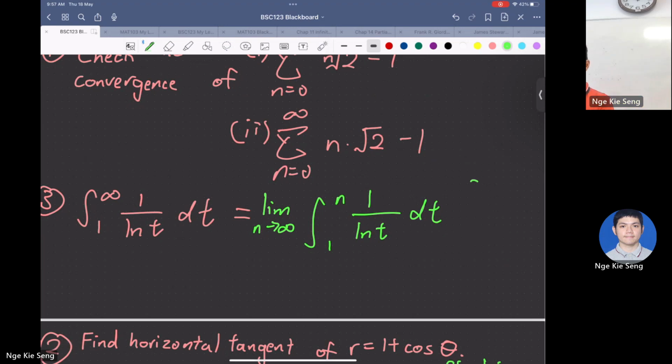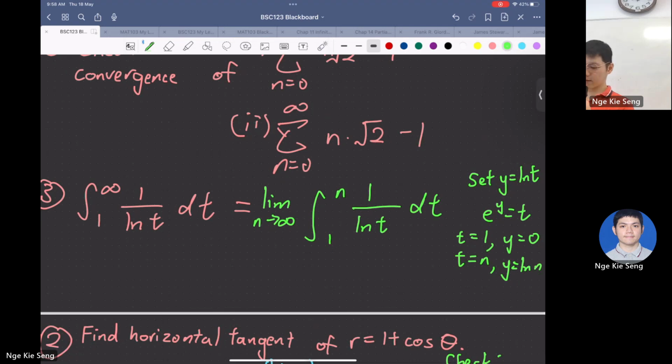Set y equals to ln t. I think this is what I did. And then e to the y is equal to t. So when t equals 1, y equals 0, and when t equals n, y is ln n. So let's do this, 0 to ln n. Dy is 1 over t dt.